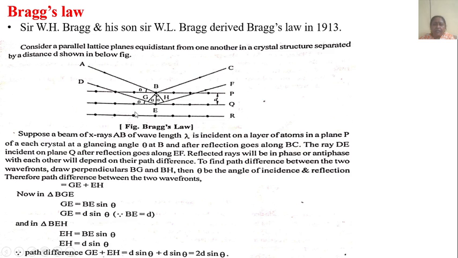Now in triangle BGE we get GE equal to BE sin theta, and BE equals d, so GE equals d sin theta.